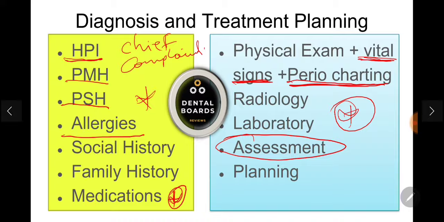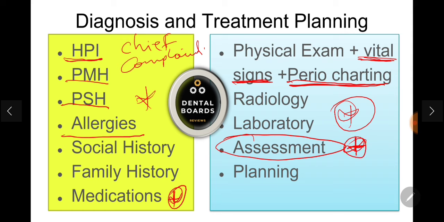The tooth is tender to percussion, all right? All those things you have to note, and then you can say if there are any contraindications to the treatment you're providing, right? But the assessment includes all the information you collected, all the above information, okay?